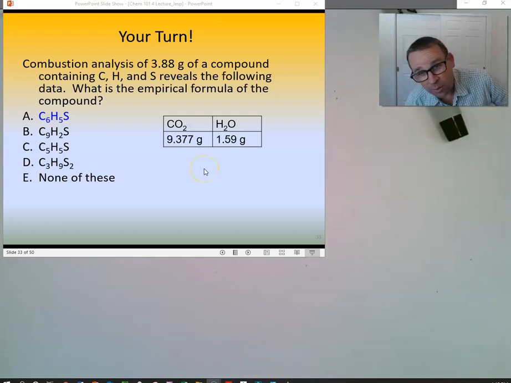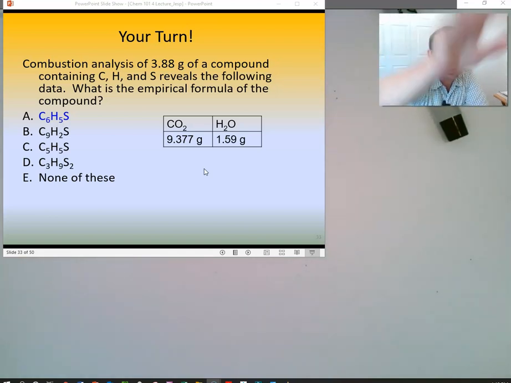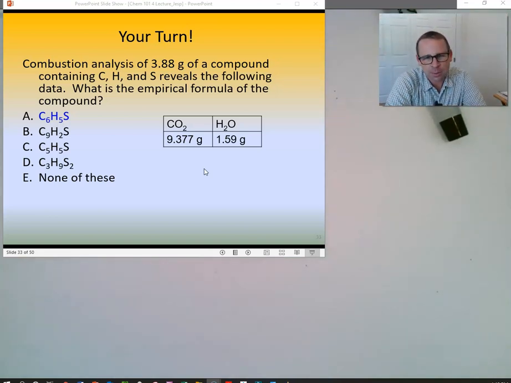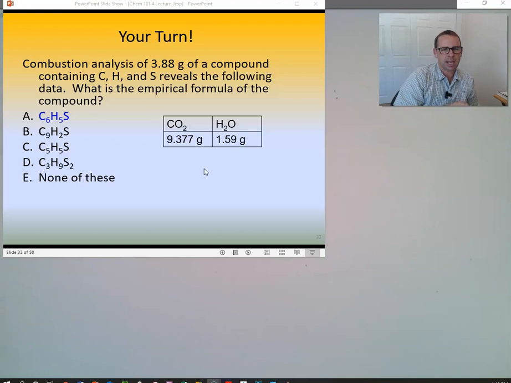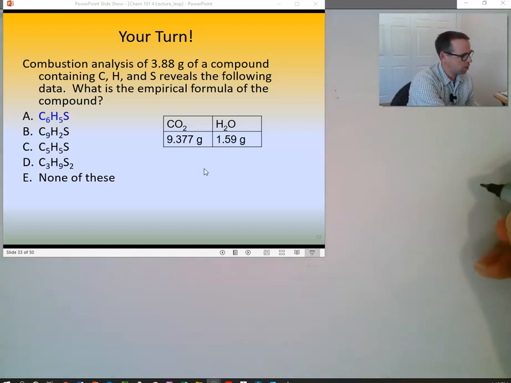All right, so we've been talking about empirical formulas. Empirical formulas are essentially an expression of the molar ratio of the atoms. Or in other words, C6H5S was the answer to this problem.